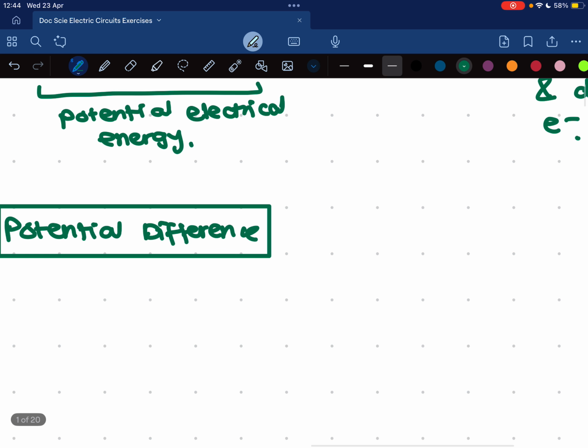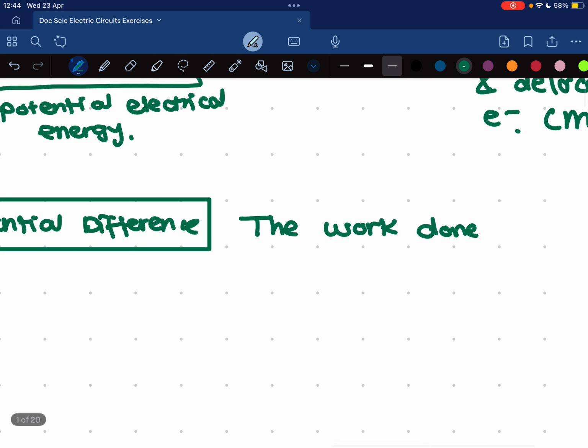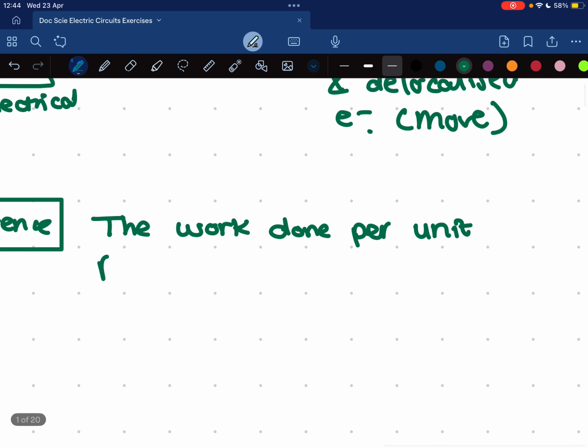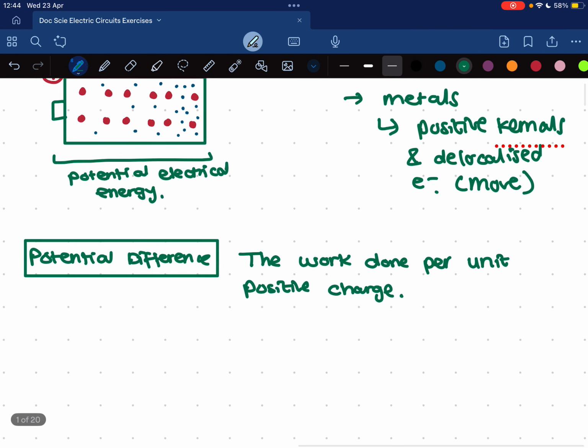So it is the work done per unit positive charge.